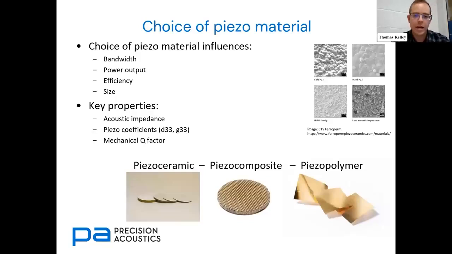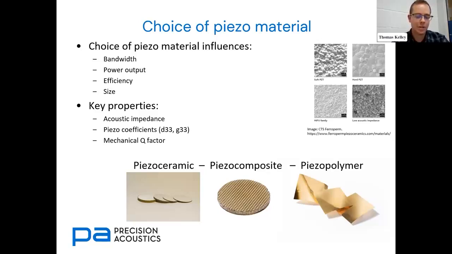So moving on now a little bit to different piezo materials. We've already said that the recommended transducer size can be affected by the choice of piezo material, but we can also influence plenty of other parameters. I know we've got some piezo ceramic experts in the audience today, and hosting it as well here, so I'm not going to go into the details about the material science, as I'm sure there are better placed people than myself to talk about this.